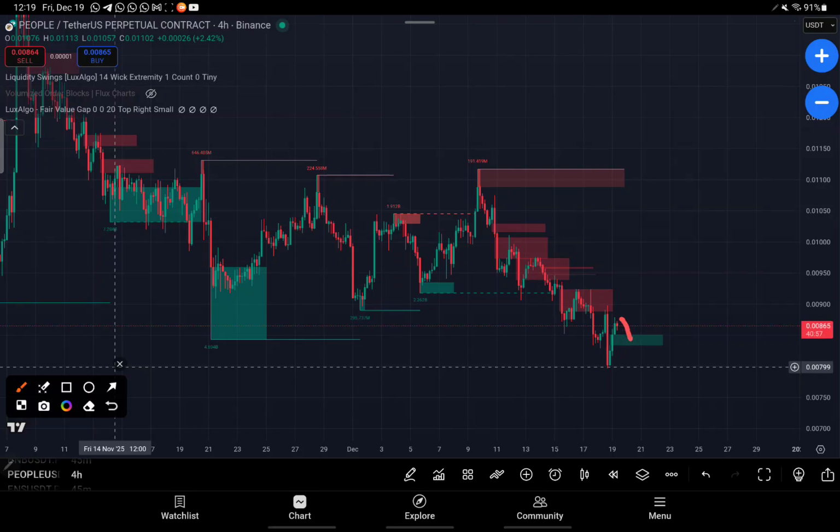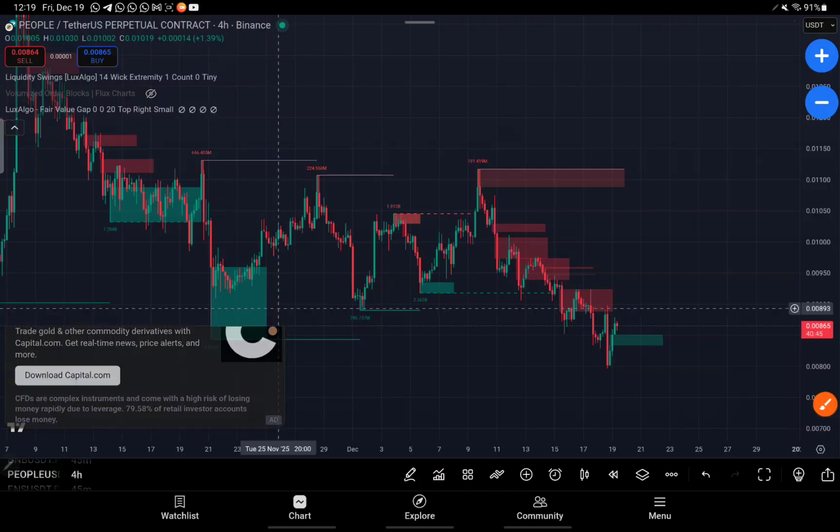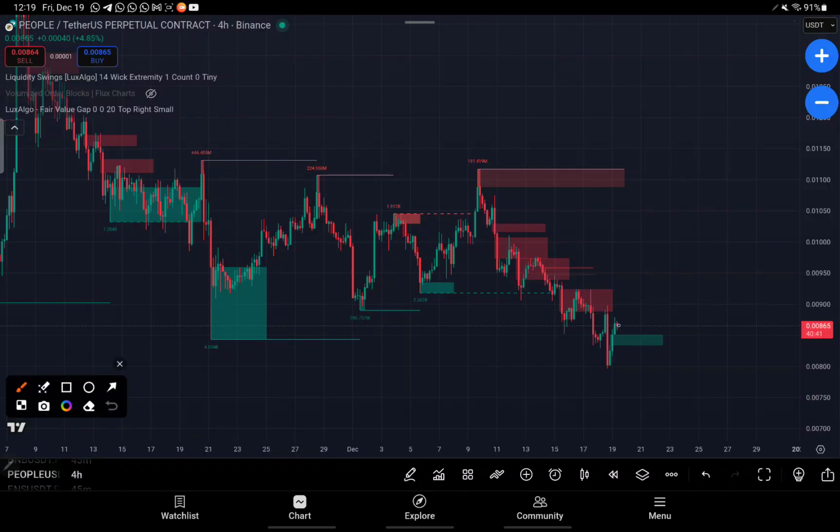It can tap into the fair value gap 50% or mitigate the fair value gap 100%, then start going up. So if the market mitigates it 50%, you are going to have something like half of this, then it's going to start going up. I hope you understand.